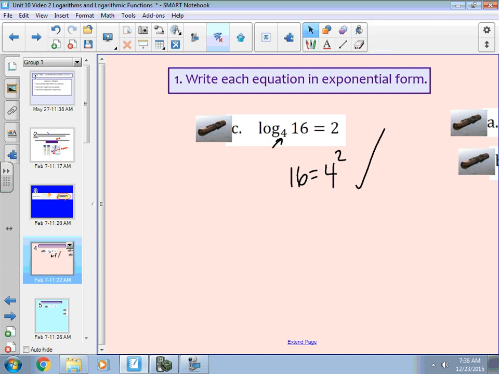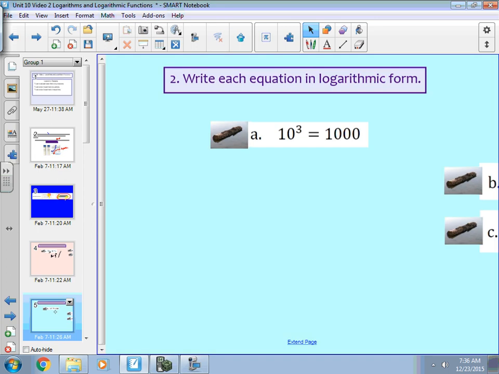Okay, the next problems are kind of doing the exact opposite of what we just did. Now this is in exponential form. They want us to write it in logarithmic form. Okay, so when we're writing it in logarithmic form, whatever we're taking the log of is going to stay in the same spot.